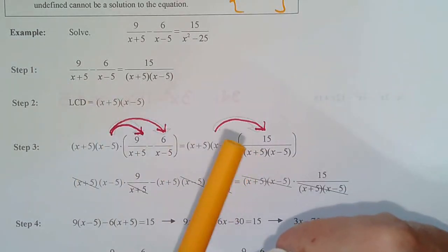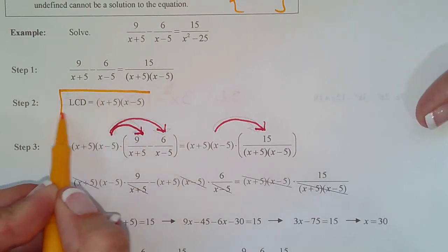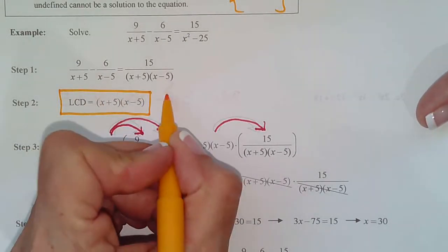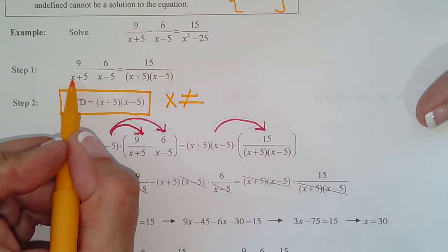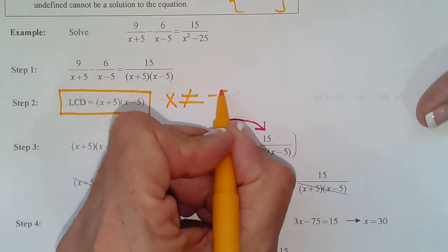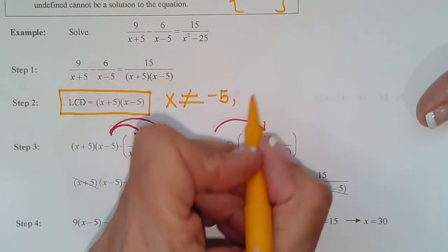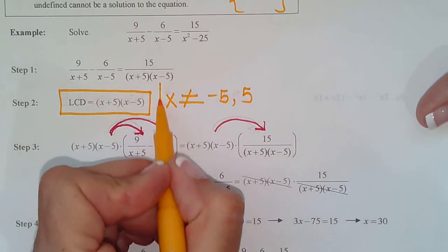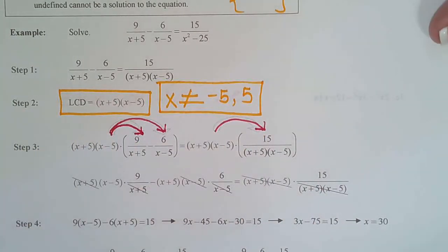Write everything we see with the highest exponents we see. Then we need to do our restriction box. So x cannot equal negative 5, because negative 5 plus 5 makes that 0, and x cannot equal 5, because 5 minus 5 makes that 0. So those are my restrictions. If I get either of those for an answer, I have to throw it out.